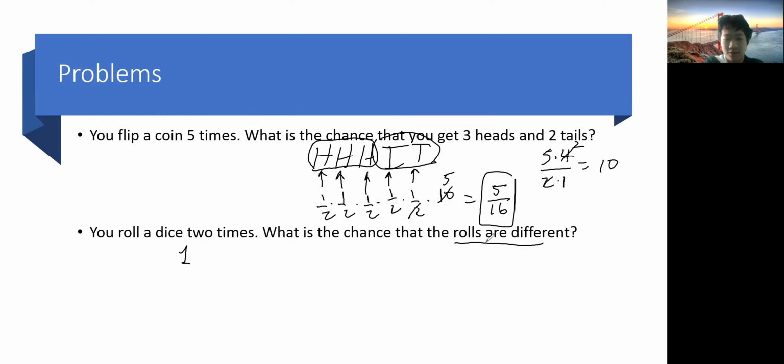So the chance that the rolls are different is 5/6. So basically, if I chose 1 as my first roll, then the chance that the rolls are different is 5/6.